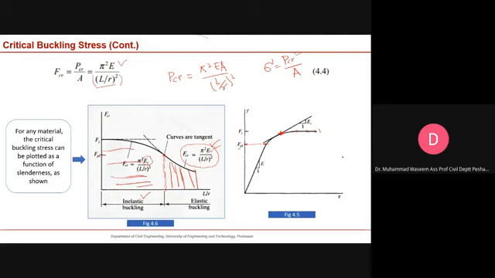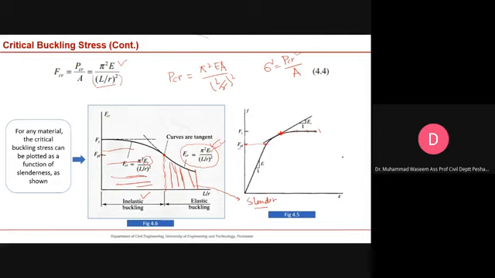Now, if you remember, up to the elastic buckling, we discussed in our last class that in slender columns, the stresses are in the elastic range. So up to here the stresses are elastic, and if you are interested in calculating the critical stresses in slender columns, you have to use this formulation.